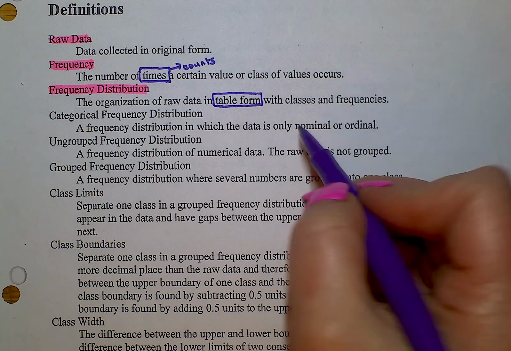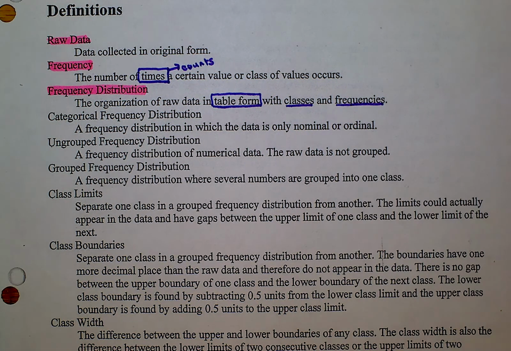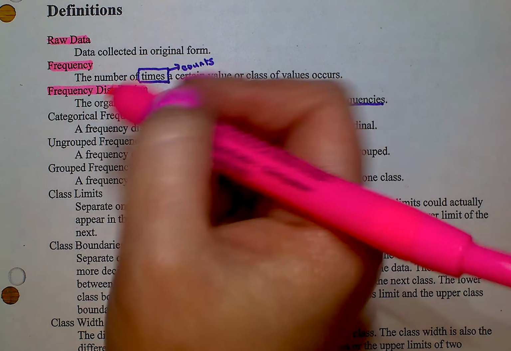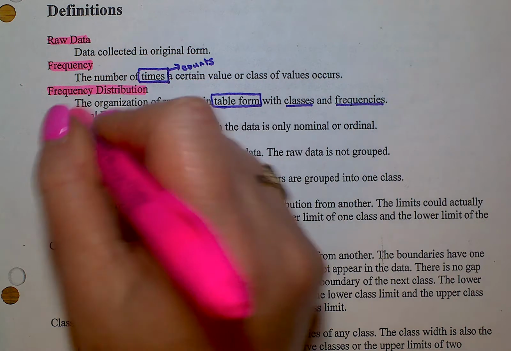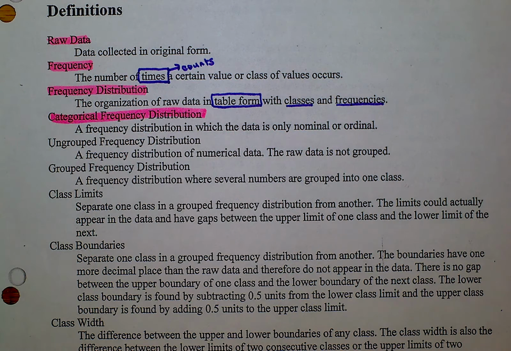And in a frequency distribution, you're going to have classes and frequencies. Sometimes you have that extended frequency distribution where you add other categories to the table also. Categorical frequency distribution: that's a frequency distribution in which the data is only nominal or ordinal.